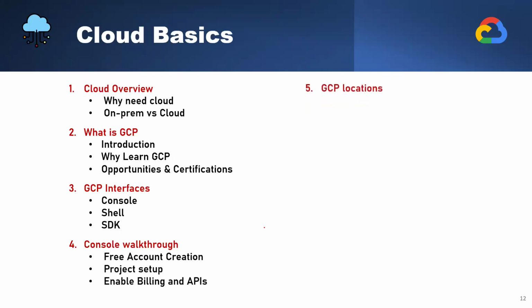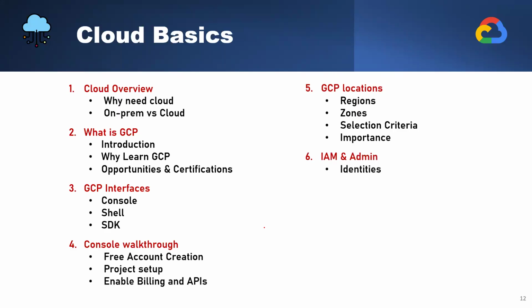After that, we talk about the GCP locations, such as regions, zones, selection criteria, and importance. That is the fifth module. The sixth topic is IAM and admin: identities, roles, policy, and resource hierarchy. So all of these topics we are going to see.